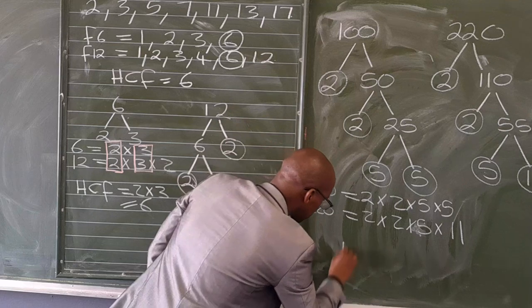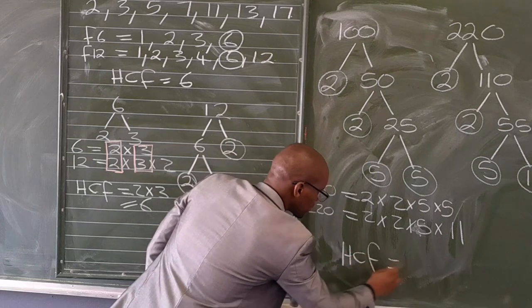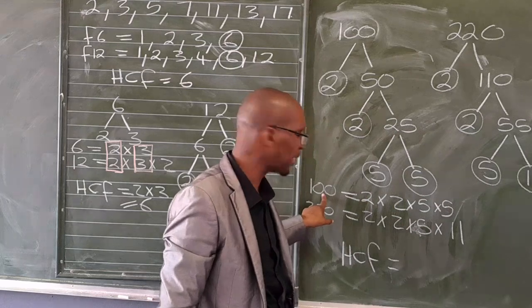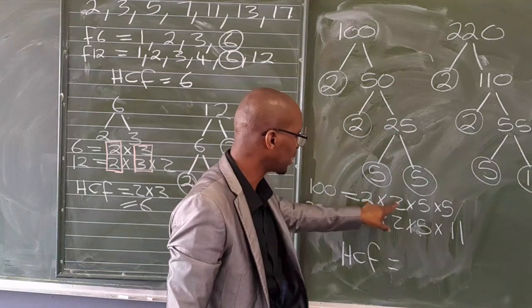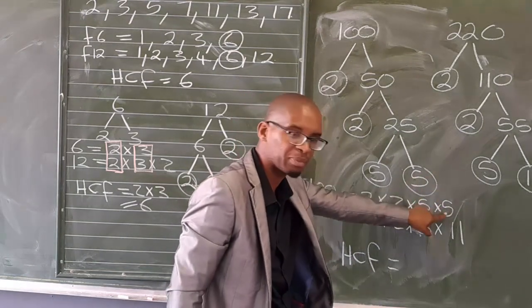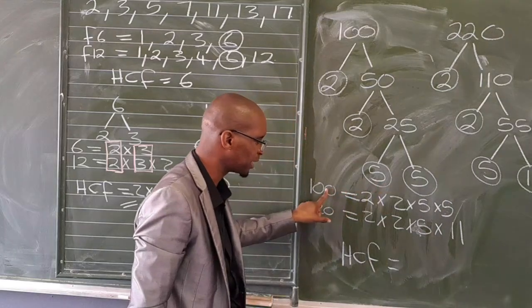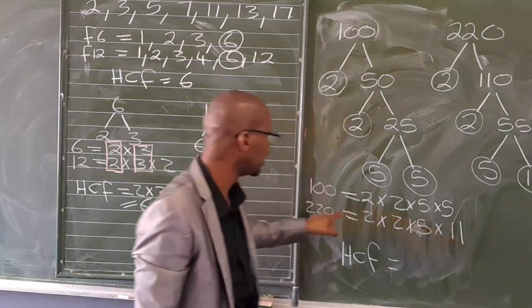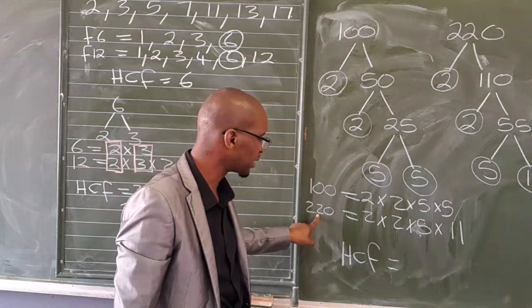Remember, when you multiply these numbers, they always need to give you the number that you've written here. So 2 multiplied by 2 multiplied by 5 multiplied by 5 should give you 100, and 2 multiplied by 2 multiplied by 5 multiplied by 11 should give you the number 220.